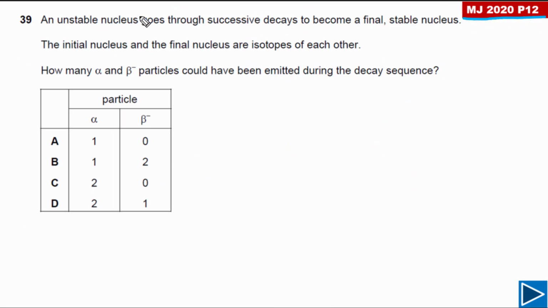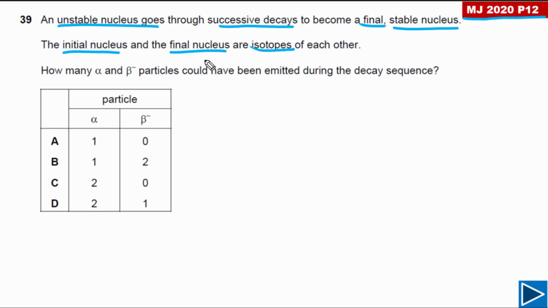Question number 39. It is given to us that an unstable nucleus goes through successive decays to become a final stable nucleus. It is also given that the initial nucleus and the final nucleus are isotopes of each other.